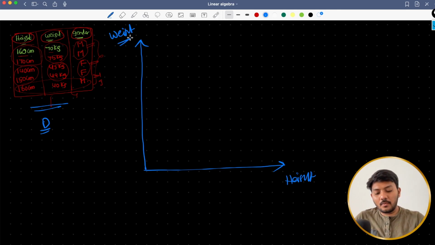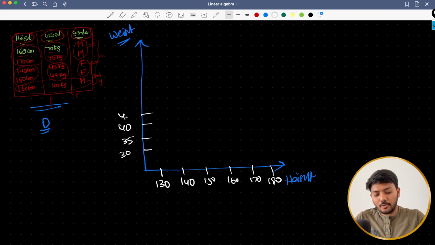Okay, now I will mark the centimeters here: 130, 140, 150, 160, 170 and 180, and I will mark the weights 30 kg, 35 kg, 40, 45, and then 70, 75, 80. Let's assume like this. So what is the first point? 160, and then I have 70. So the point is somewhere here.